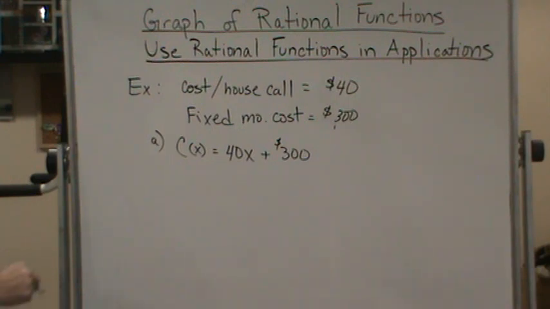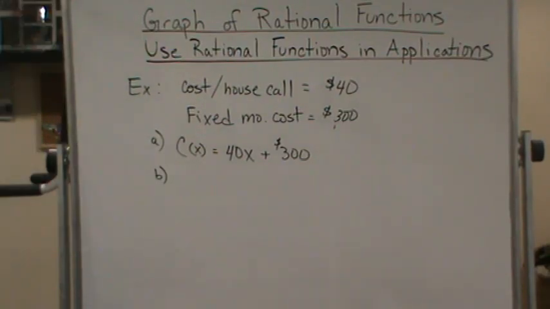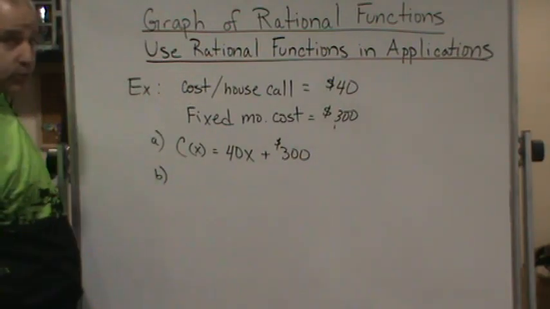Now, B says, write the average cost function, C bar of X, for X house calls per month. So this is a cost function that's based on number of house calls.